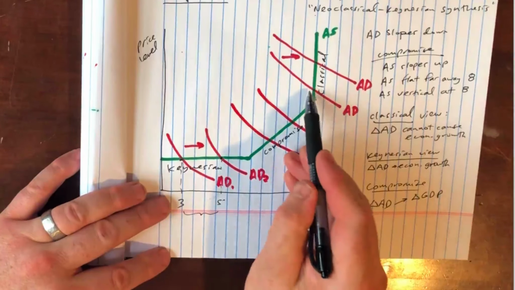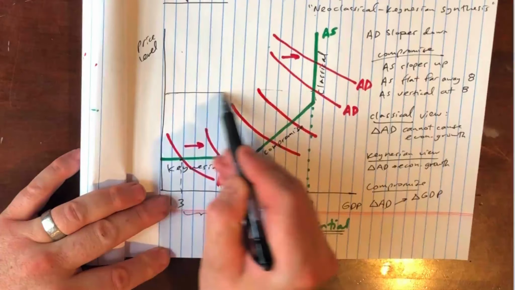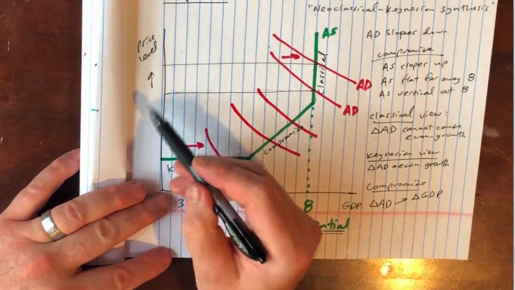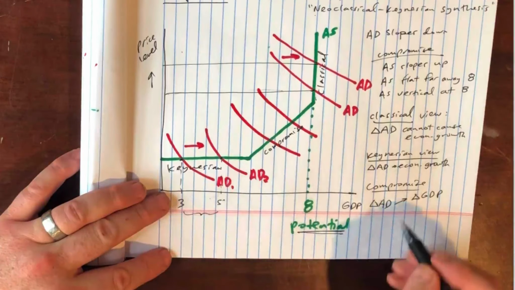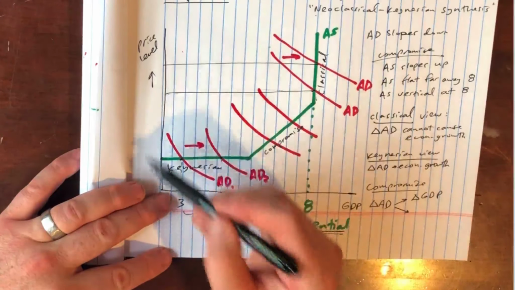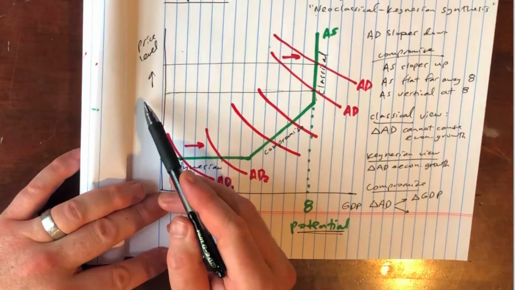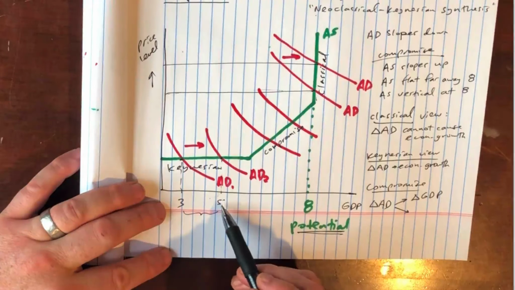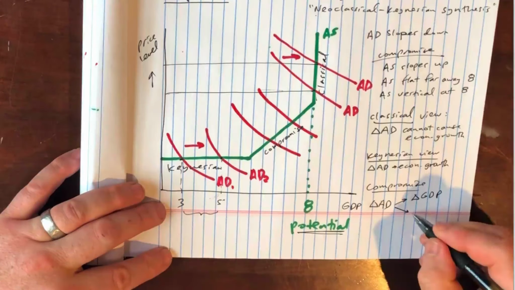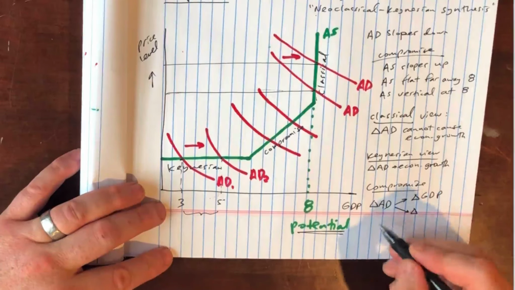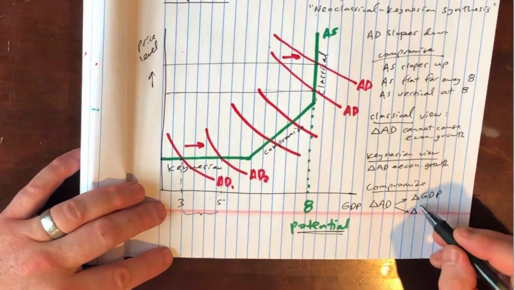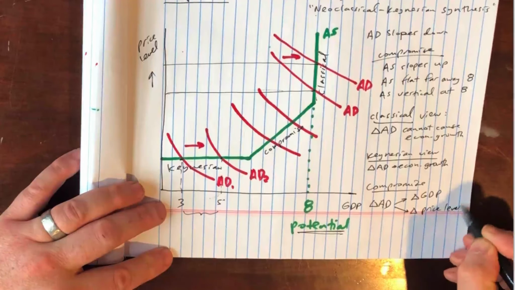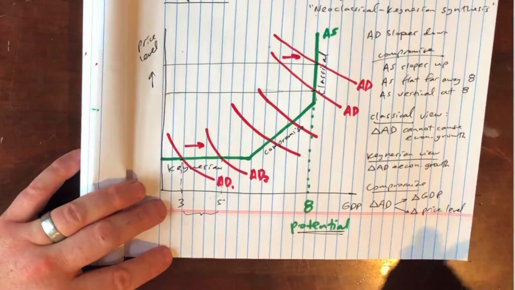The classical theory emphasized any change in aggregate demand is going to have only one effect, which is a change in the price level, okay? It's not going to cause economic growth, it's only going to cause, in this case, inflation, all right? Keynesians were the opposite. It's only going to cause economic growth, no inflation. The compromise is to say changes in aggregate demand lead to both. They lead to changes in GDP and they lead to changes in the price level, inflation or deflation. All right?